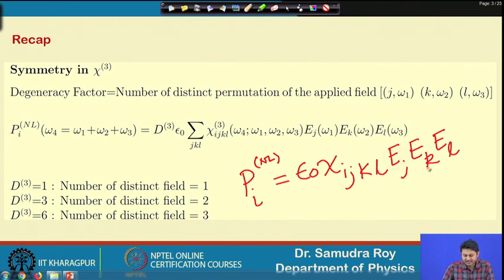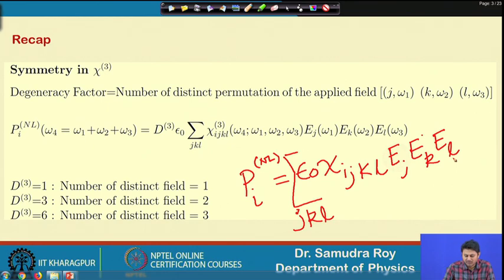Now, when I write E j E k E l, and i j k l here, these are repeated indices. So, we know that repeated indices mean there should be a summation sign over j, k and l. Now, the question is, if these fields have frequency components omega 1, omega 2 and omega 3, and these three things are multiplied together, and j, k and l are distinguished, then what happens?